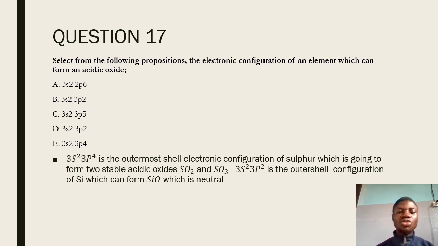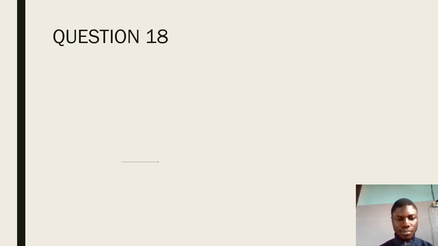Now 3s2 3p2 is the outermost electronic configuration of silicon, which can also form silicon monoxide and silicon dioxide. But silicon monoxide is neutral, while silicon dioxide is acidic. So the best answer in this case is going to be E.